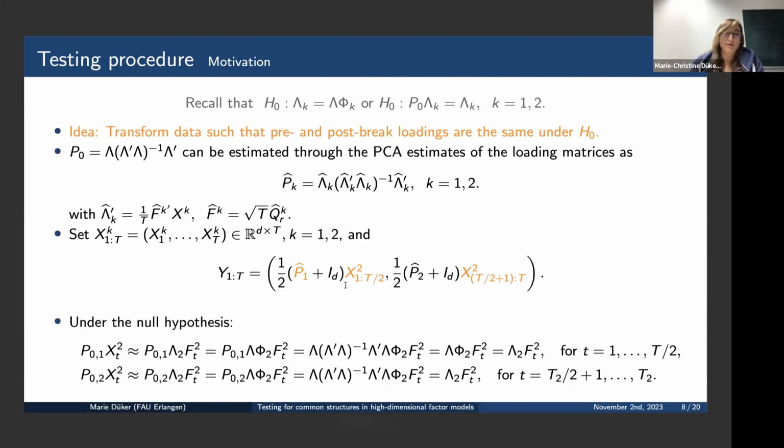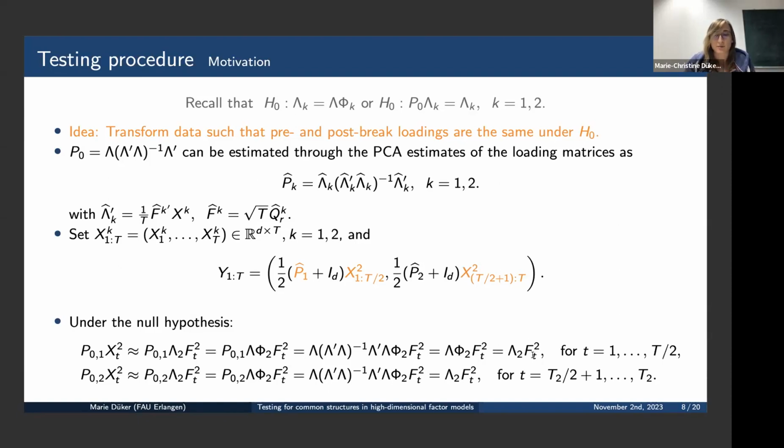The motivation for that is that under the null hypothesis, when we look at this at the population level to get some intuition for what's happening, when we transform our series x2 with P01, the projection matrix at the population level, and apply it to our factors multiplied by this loading matrix lambda 2, we can actually see that this projection matrix, which is invariant under transformation with a non-singular matrix, doesn't change anything, right?